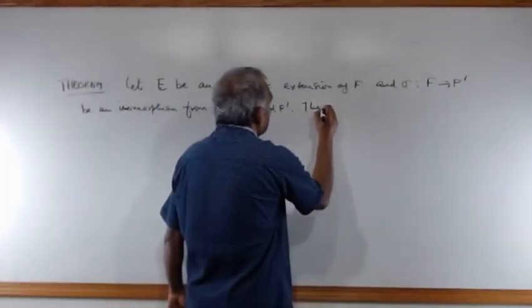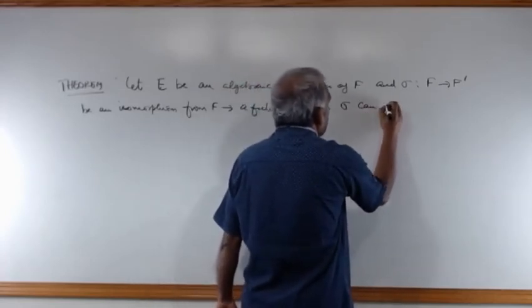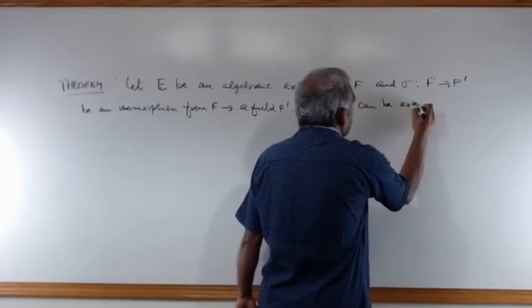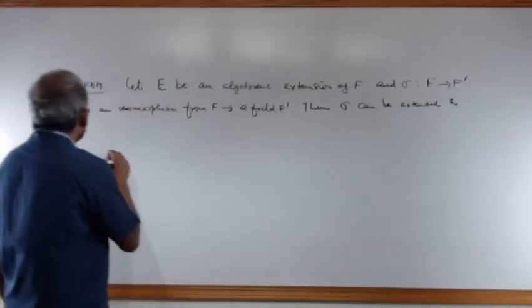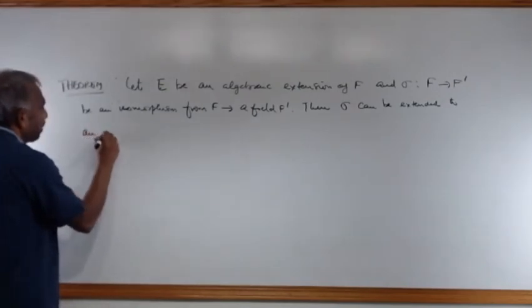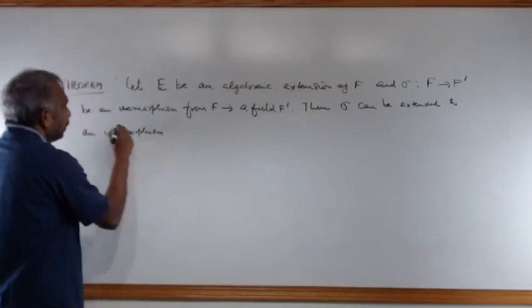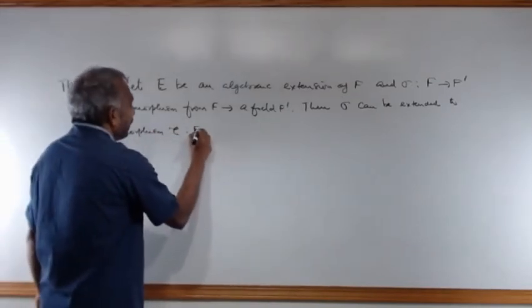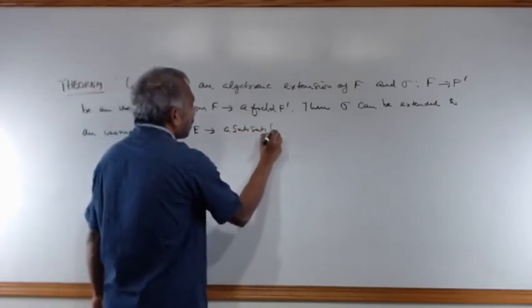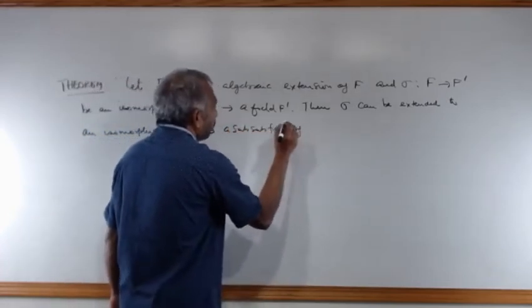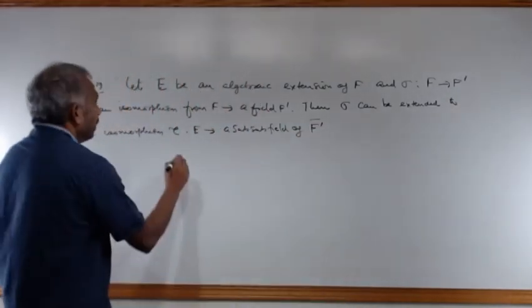Then sigma can be extended to an isomorphism tau from E to a subfield of F prime closure.